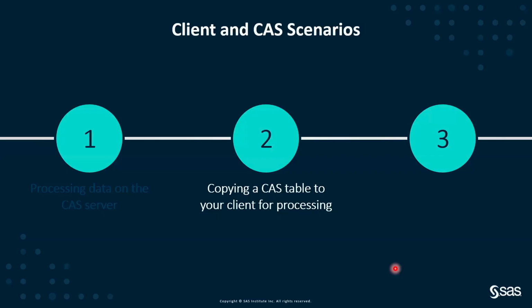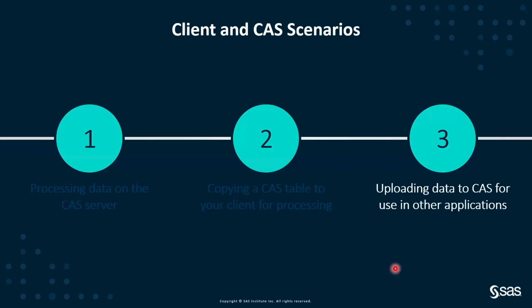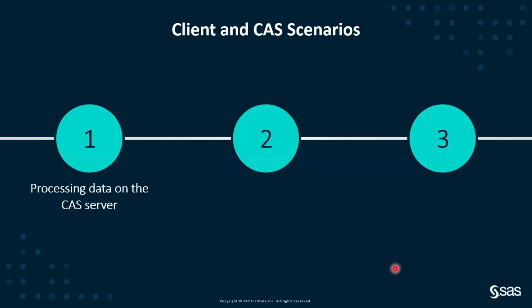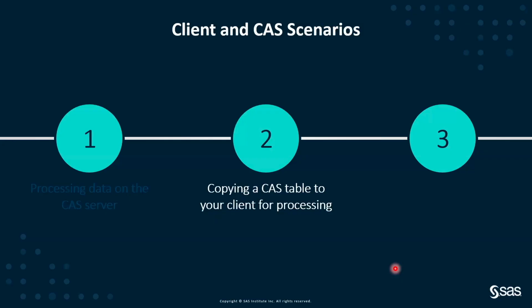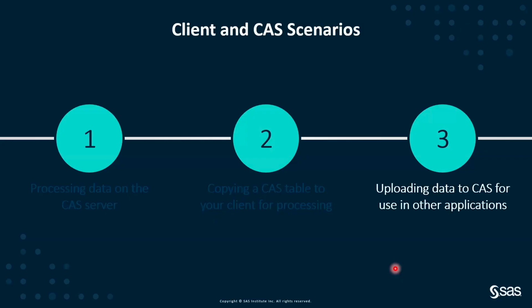This could be a possible scenario. Or you want to simply upload to CAS using other applications. This all is possible. Whether it is processing, bringing the data back to your client, or uploading data to CAS, all activities are supported.